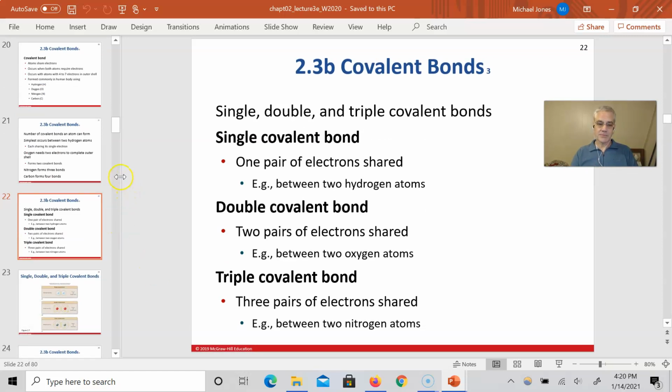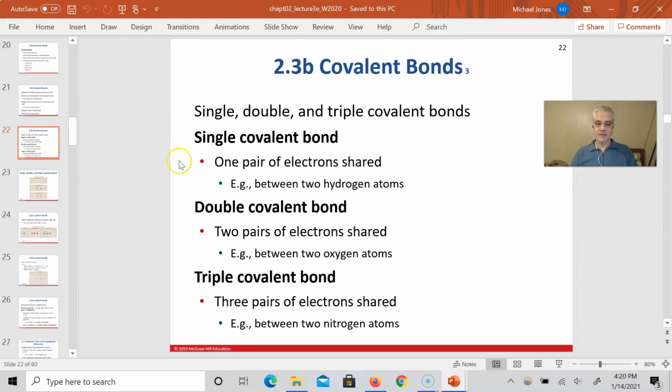Right, so this is just what I just said. If you share 1 pair of electrons, you have a single covalent bond. If you share 2 pair of electrons, you have a double covalent bond. If you share 3 pair of electrons between 2 atoms, like a nitrogen and a nitrogen, we call that a triple covalent bond.